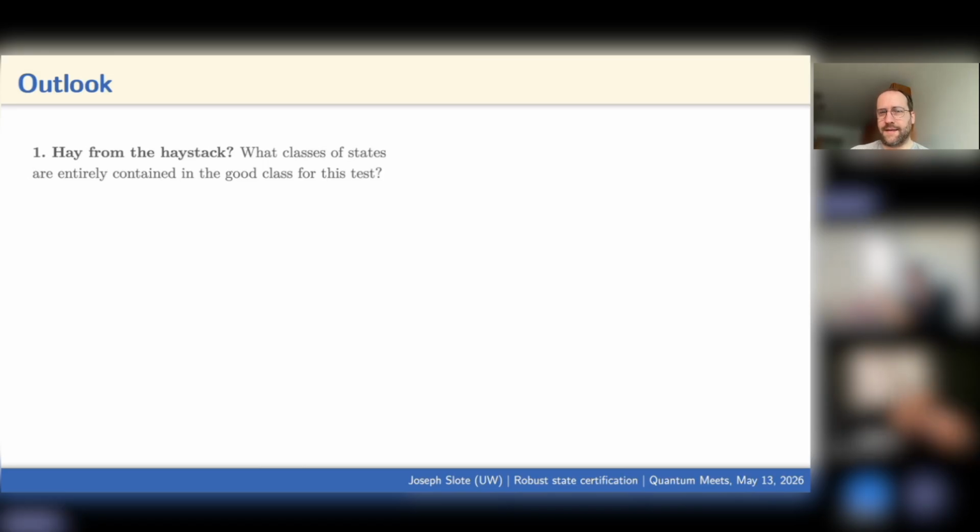How about hay from the haystack? Can we characterize large classes of states which are entirely contained in the good set for this test? Have you heard of bent Boolean functions? They're special Boolean functions that are Boolean valued, and then when you take the Fourier transform, they're still Boolean valued.